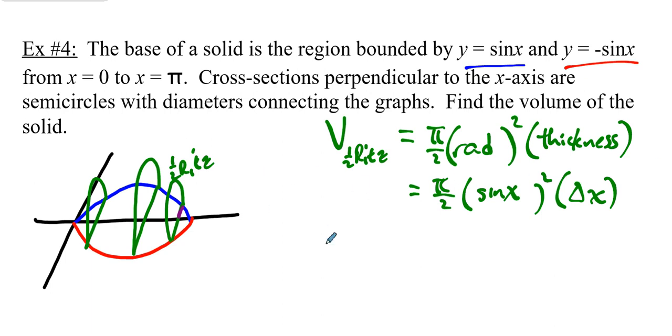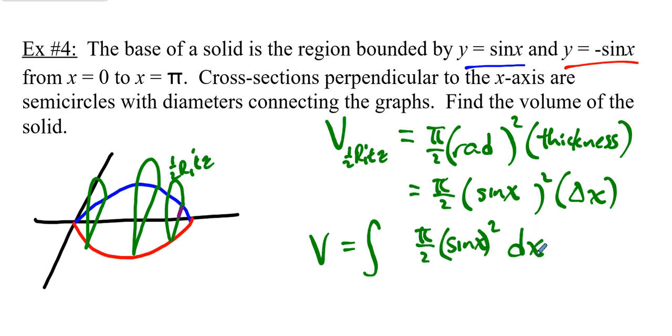So we integrate. It's an integral of pi over 2 times sine x squared dx from where to where? Well, that looks like it's 0. This is the next place the sine curve hits the axis, and I'm pretty sure that's pi.